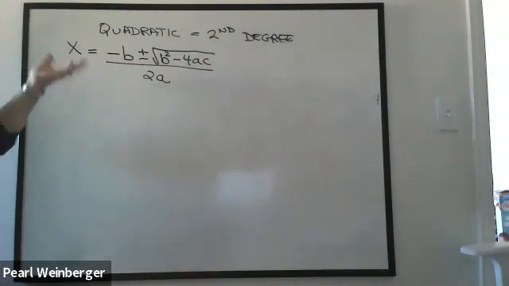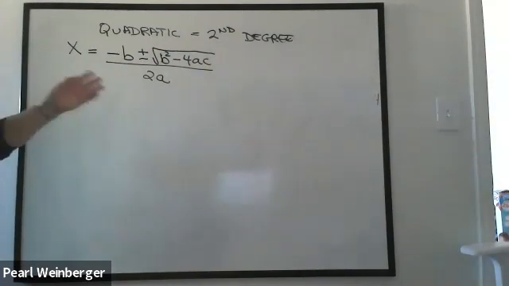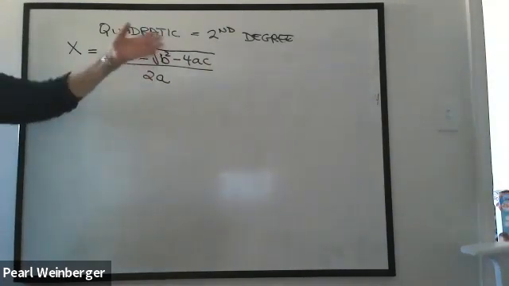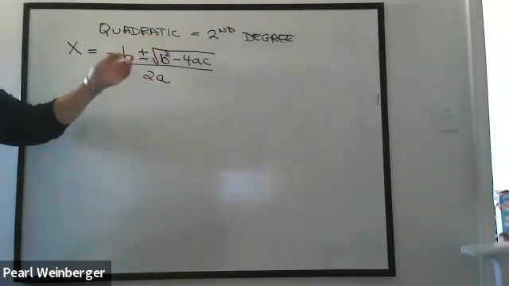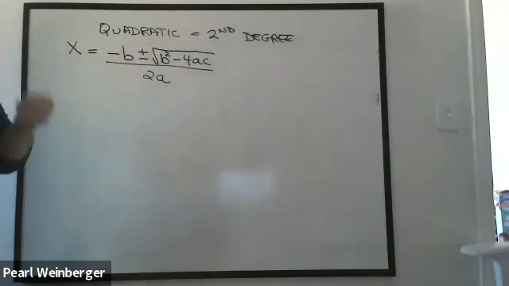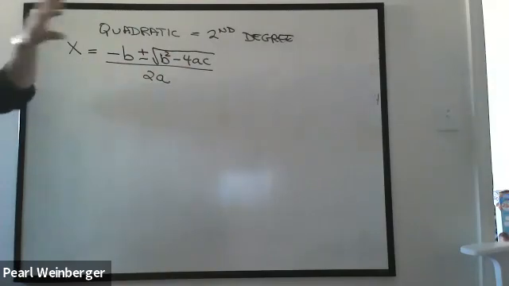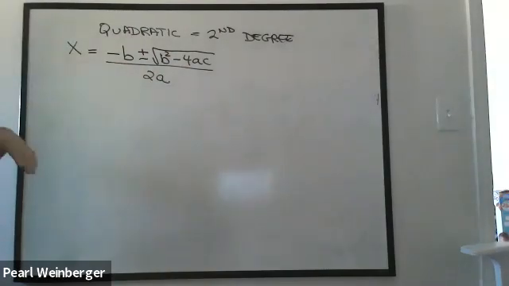I don't know if you've all seen it, but this is what's called the quadratic formula. There are 3 letters in this formula: an a, a b, and a c. If you know what the a, the b, and the c are, then you just stick them into the formula and it gives you the answer to the question.